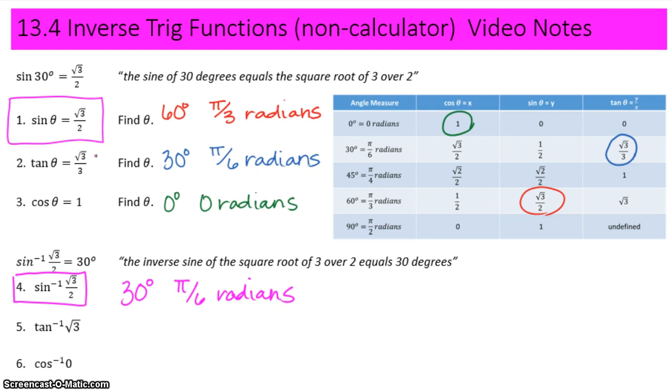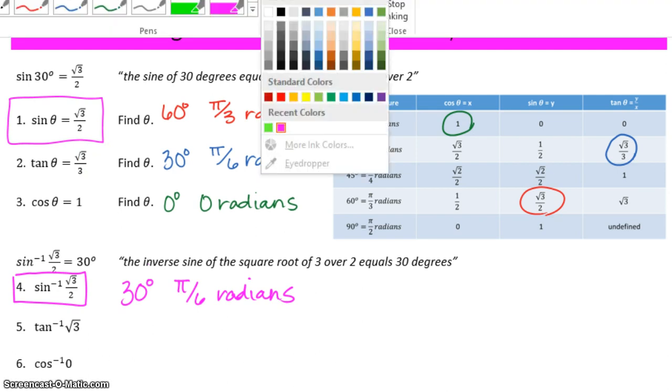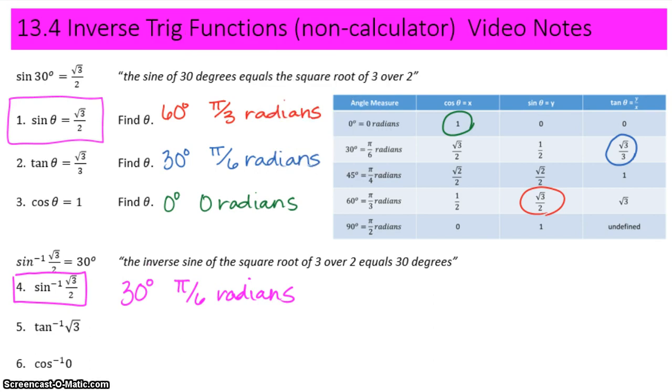Okay, so now we have number 5, which is written in our new form, and again this is called inverse tangent of root 3. So over here we find inverse tangent of root 3. We look for root 3, so that angle measure must be 60 degrees, or pi over 3 radians.